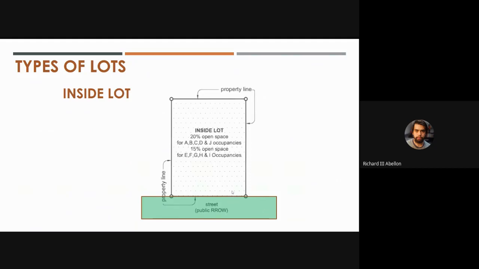Okay, so pag yung lote nyo may katapat na isang kalsada, then all the rest is lots din. Ibig sabihin, this is an inside lot. So you have 20% of open space dapat for A, B, C, D, and J type of occupancies. And for E, F, G, H, and I occupancies, you have 15%.